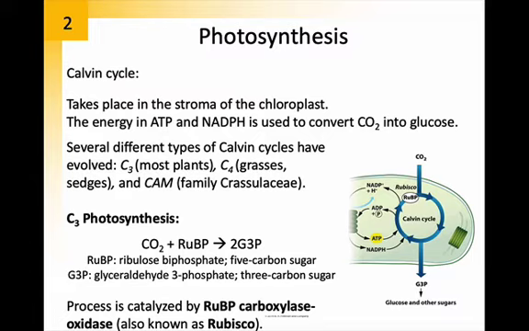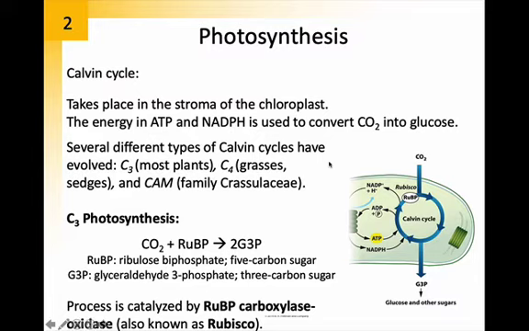So the Calvin cycle is universal in plants. All plants that undergo photosynthesis use the Calvin cycle. However, some plants use only the Calvin cycle, whereas other plants use an additional set of reactions to make the Calvin cycle more efficient.